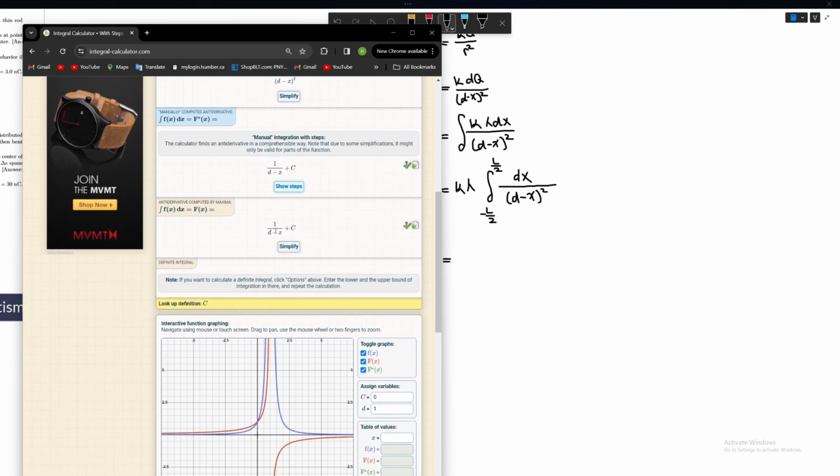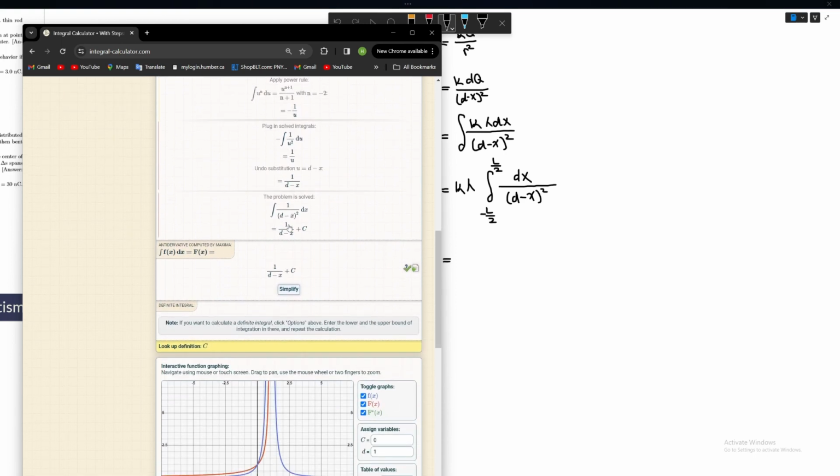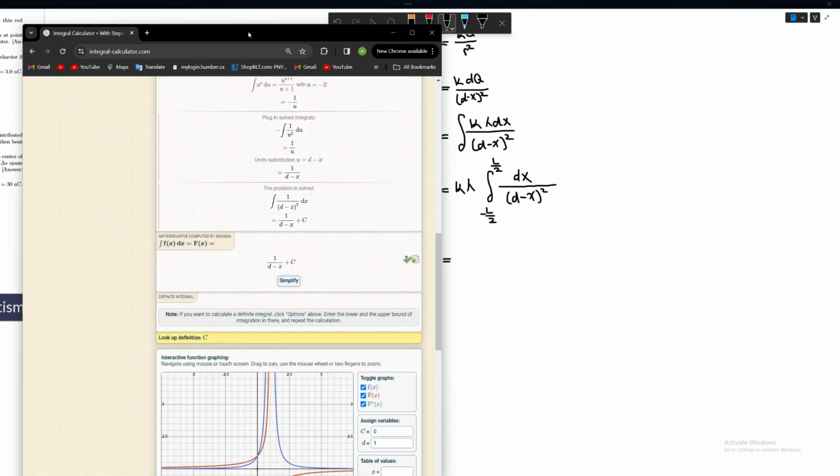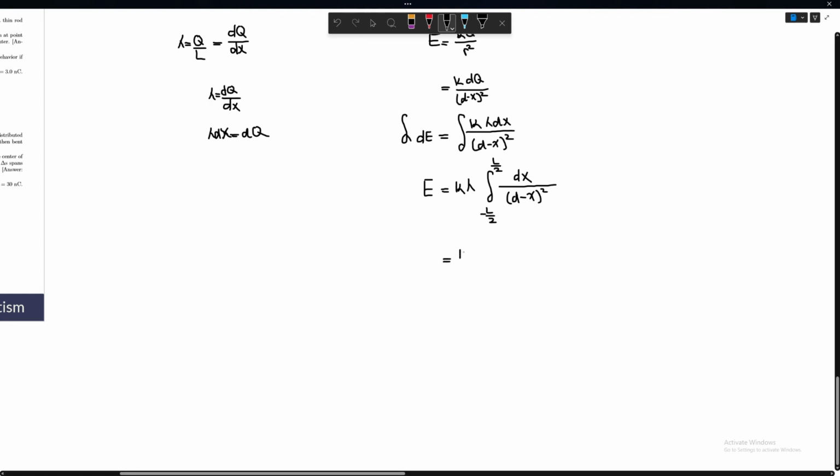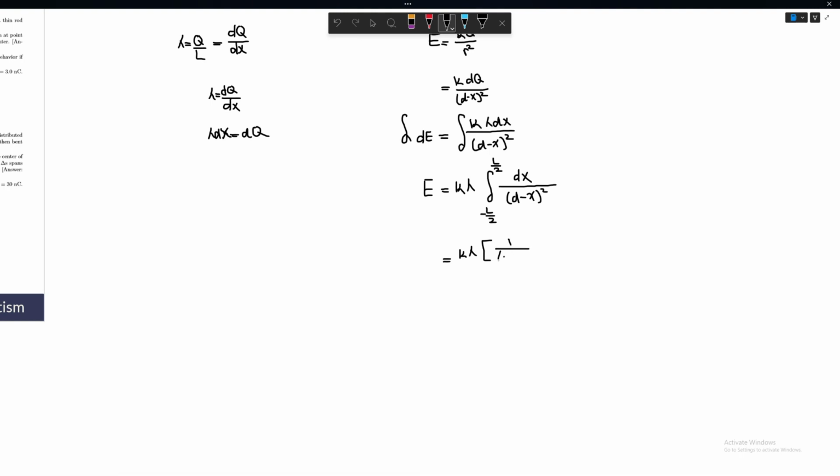Actually looks pretty simple. I'm surprised. Let me double check. So what I got is k lambda times 1 over d minus x. Well, not squared actually, I got d minus x, from negative L over 2 to L over 2.